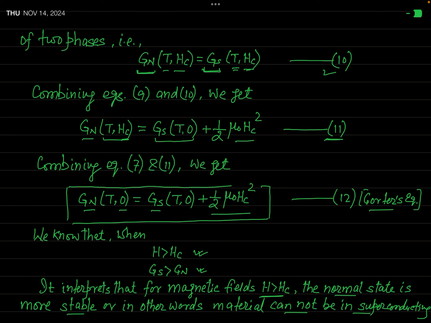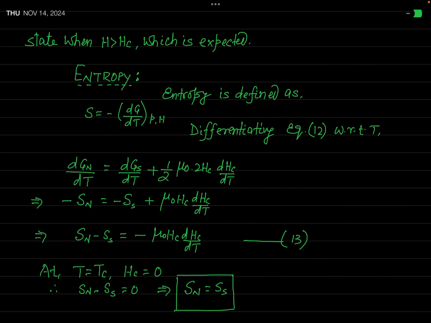It is also expected, because you have already studied earlier that a superconducting state is destroyed, or a material loses its superconductivity, when the strength of the field exceeds the critical field. So this is the expected result.